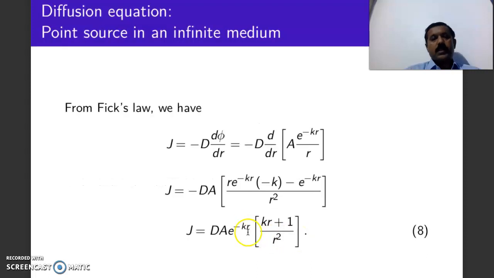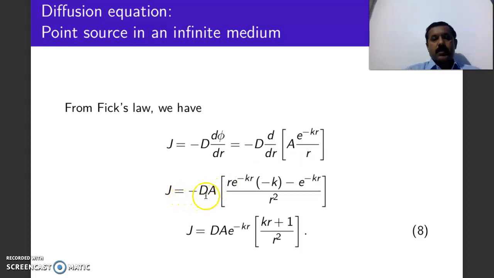Now we will use the second boundary condition. For that, you have to use Fick's law of diffusion. From Fick's law of diffusion, we have J is equal to minus D gradient of phi. Then it is minus D d by dr of A e to the power of minus kr by r, because C we have taken as 0.